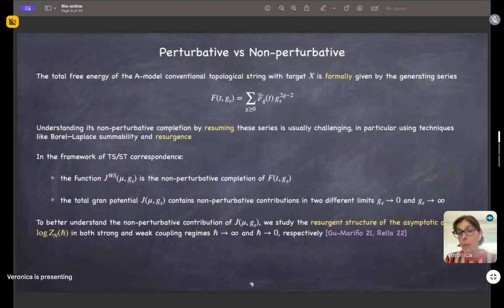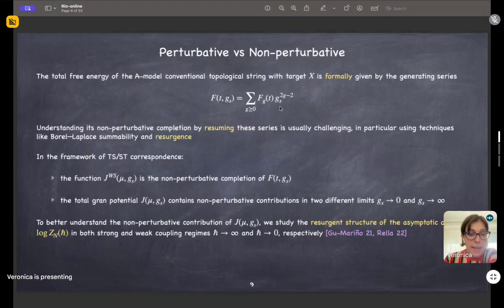Essentially, you take the generating function of the Gromov-Witten invariants, what is inside this F_g(t), but then you sum over all genera, and the string coupling constant is precisely the parameter that you introduce to keep track of the various genera. Now, as I said, this is formal, but you would like to understand it as an actual function, going beyond perturbation theory and understanding it, as we usually say, non-perturbatively. Or another way to say it, to resum this function and produce an actual analytic function.